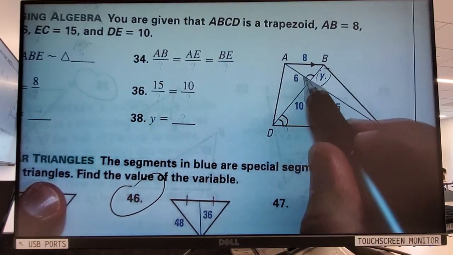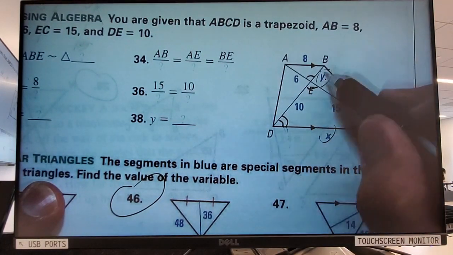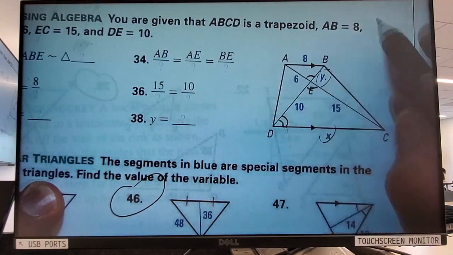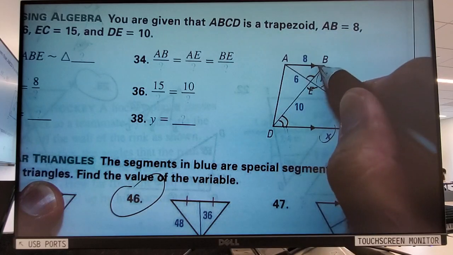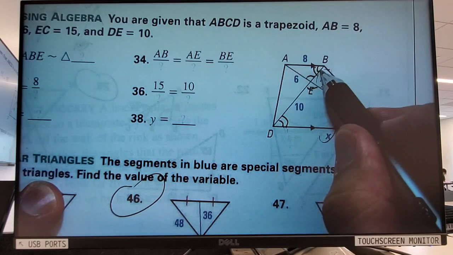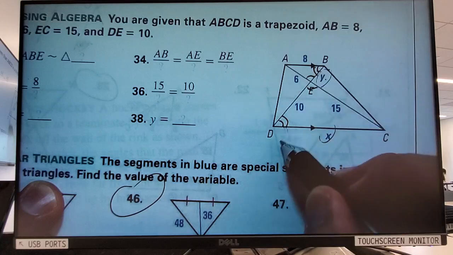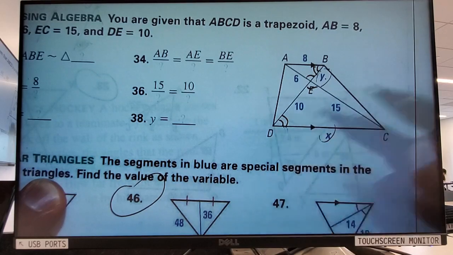All right, so now I have parallel lines. I have a transversal through here. So whatever this angle is here would have to be the same as that angle there. Is that cool? Okay, so then we have it.